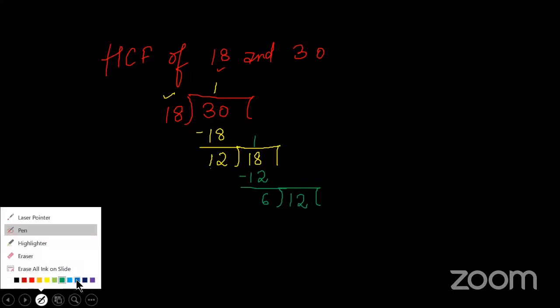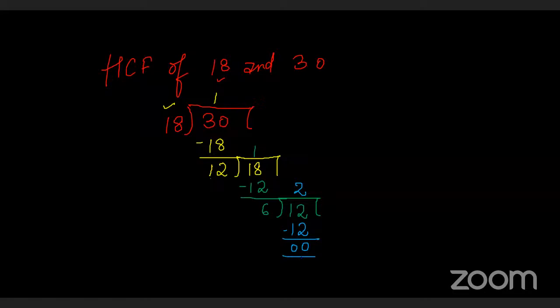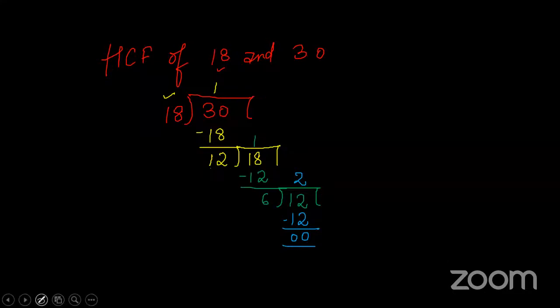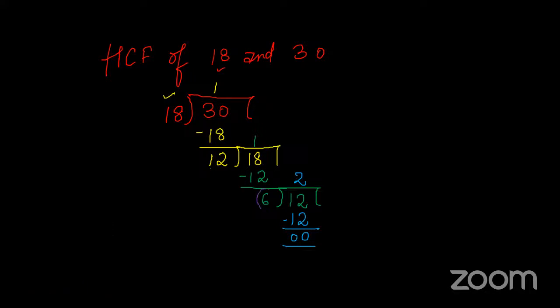Till here, am I clear? Now, 6 times 2 is 12. You have to keep on doing this thing until you get 0. The highest common factor is the last divisor. This is the last divisor, and this is our highest common factor, HCF.